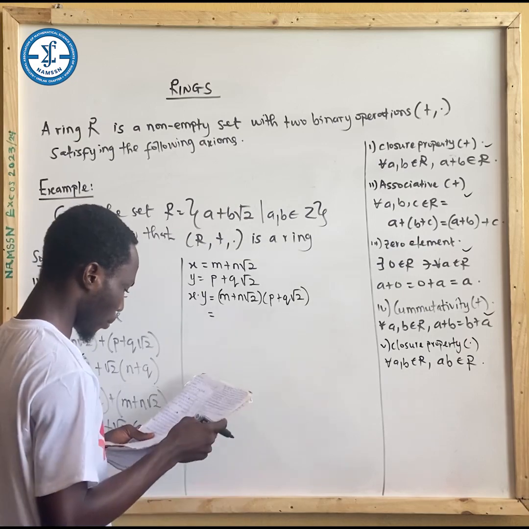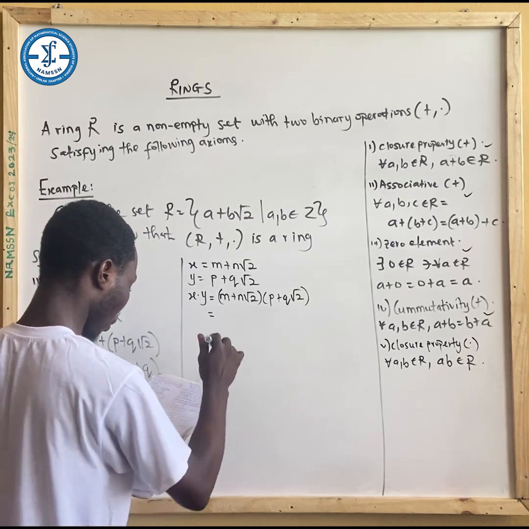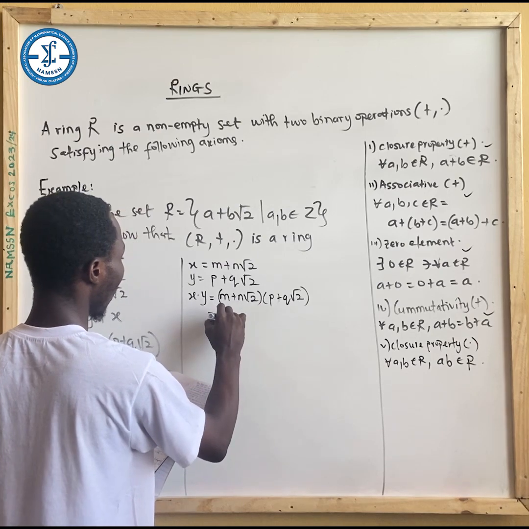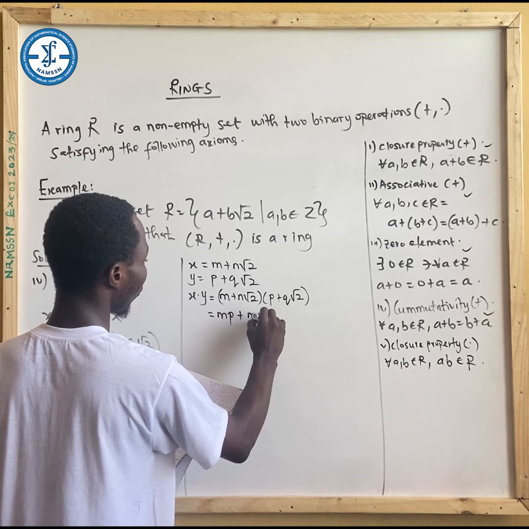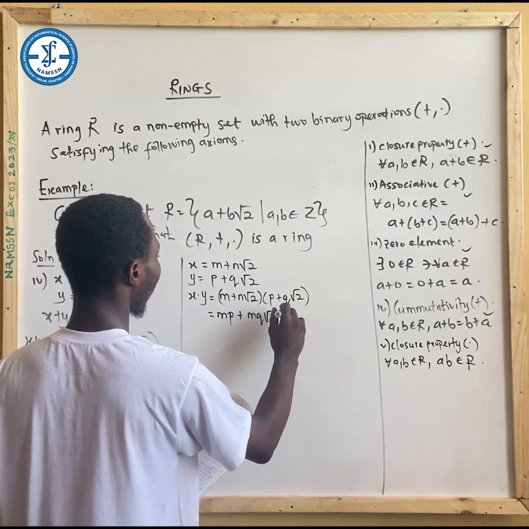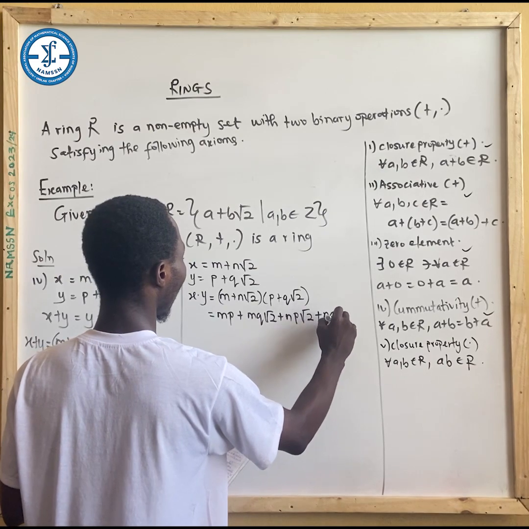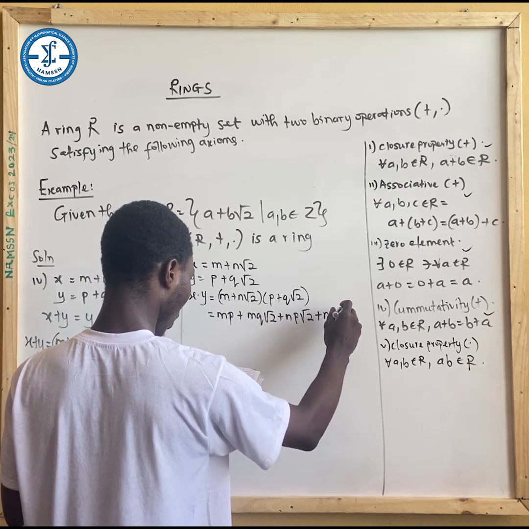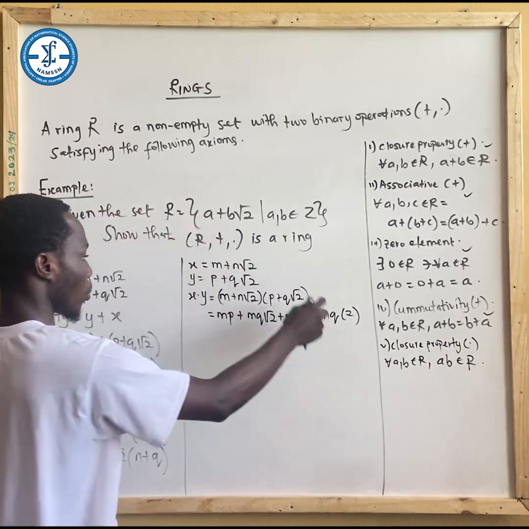So you have m times p, that's mp, plus mq root 2 plus np root 2 plus nq multiplied by 2, because root 2 times root 2 is root 4, square root of 4 is 2.